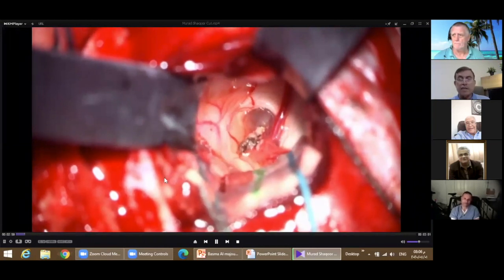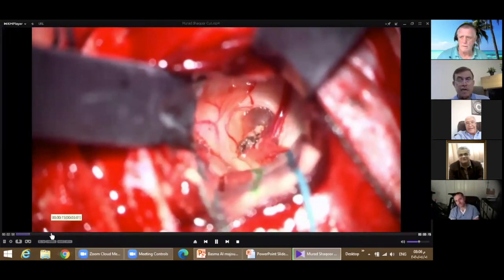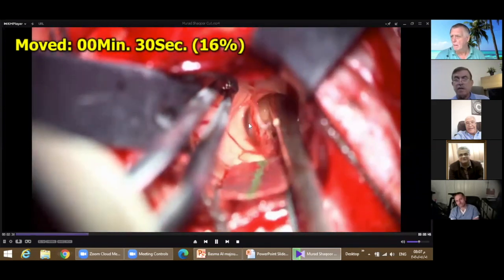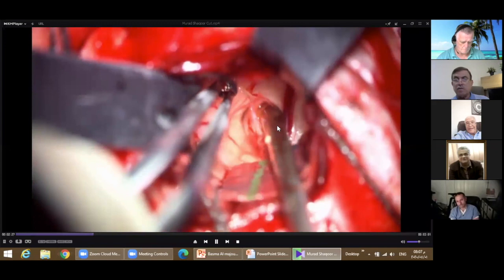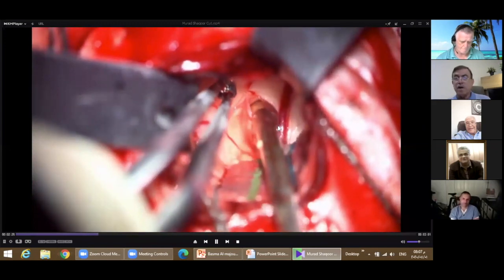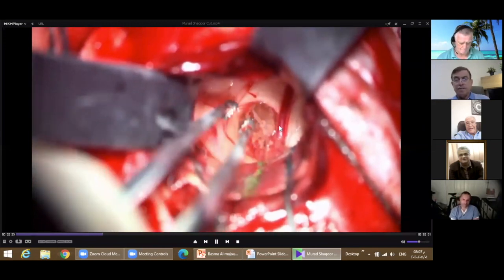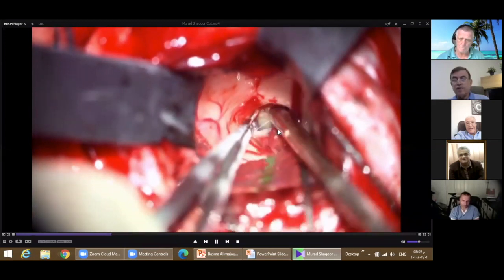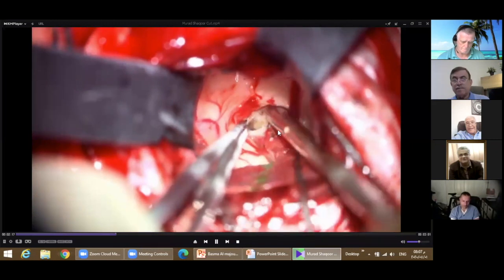Here you can see that this cyst is really very viscid, an extremely viscid kind of cyst. And I'll show you the sucker is not able to take it out. It's really hard, firm, and not suckable at all. Whatever you do, it's just stuck in that place.